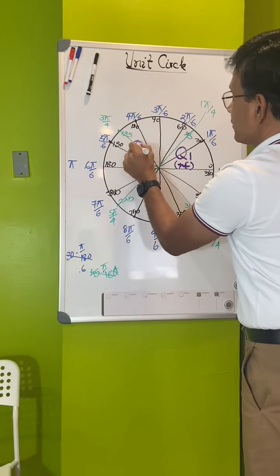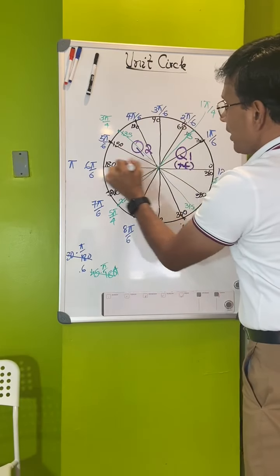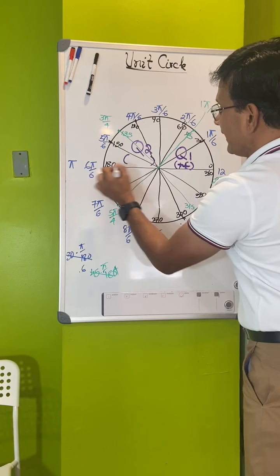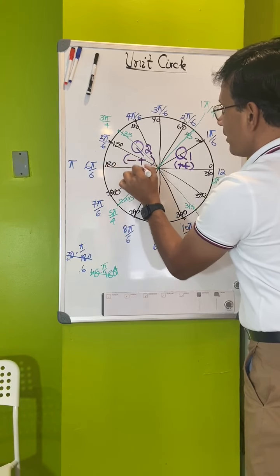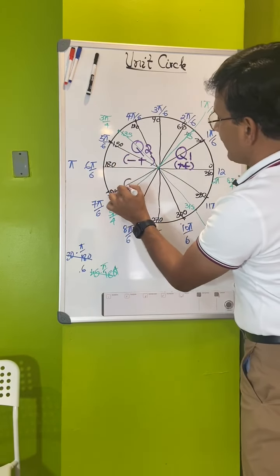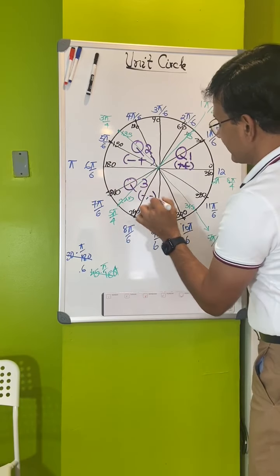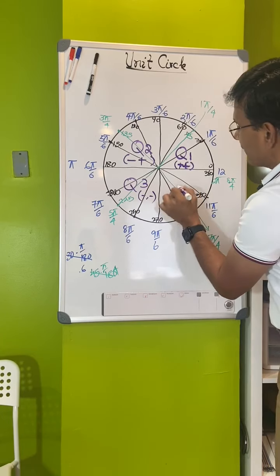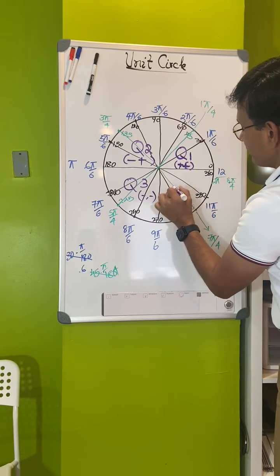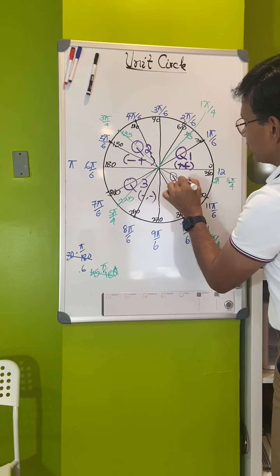This is quadrant 2. In quadrant 2, y is positive but x is negative. And then here I have quadrant 3, where both are negative. Quadrant 4, here x is positive and y is negative, Q4.